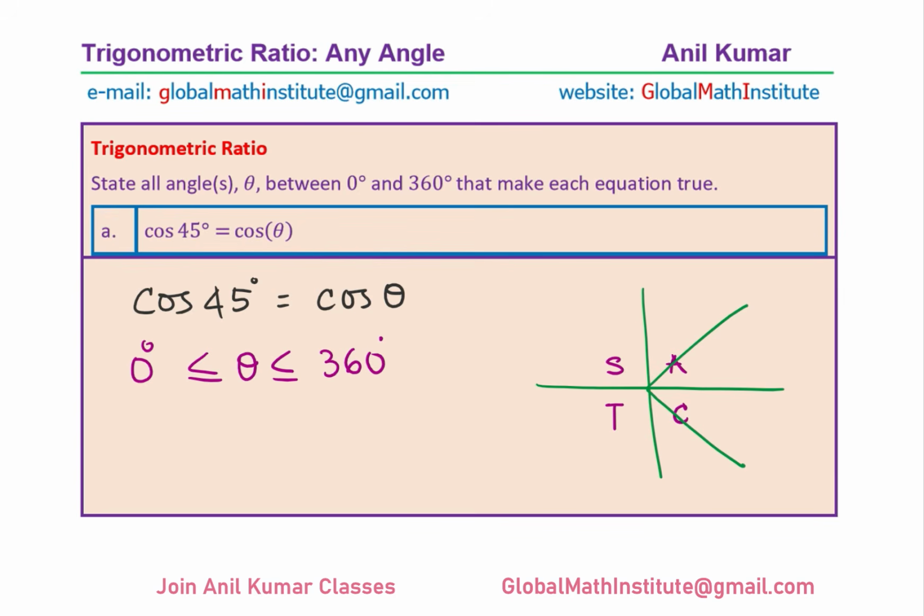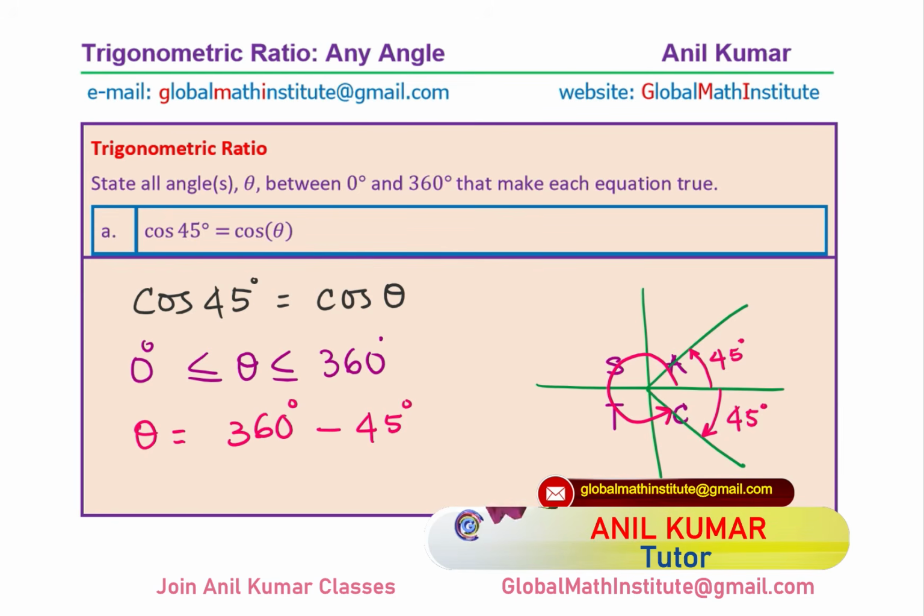So if we are given one of them as 45 degrees, in that case, the other angle should be how much? Should be 360 degrees minus 45, correct? So the angle theta should be equal to 360 degrees minus 45 degrees, since the related acute angle has to be the same, right? So this has to be 45 degrees.